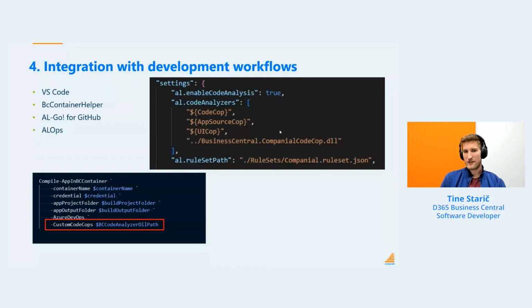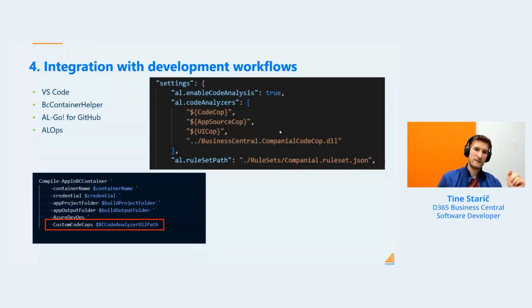Anytime we start a project, we also create a workspace, and in the workspace settings, we already define which analyzers we would like to use, and we define the rule set if we would like to turn off any specific rules for that project. So anytime any developer joins that project, all they have to do is open the workspace and they immediately get the warnings that are required to follow on that project.